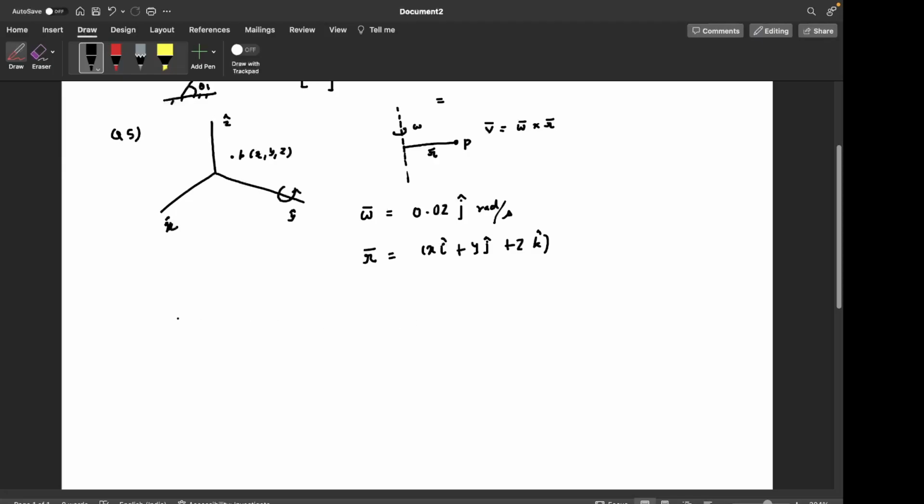So velocity is omega cross r. We can do the cross product here, so it will be 0.02 x, j cross i, j cross j would be 0, and the other component would be 0.02 z, j cross k.